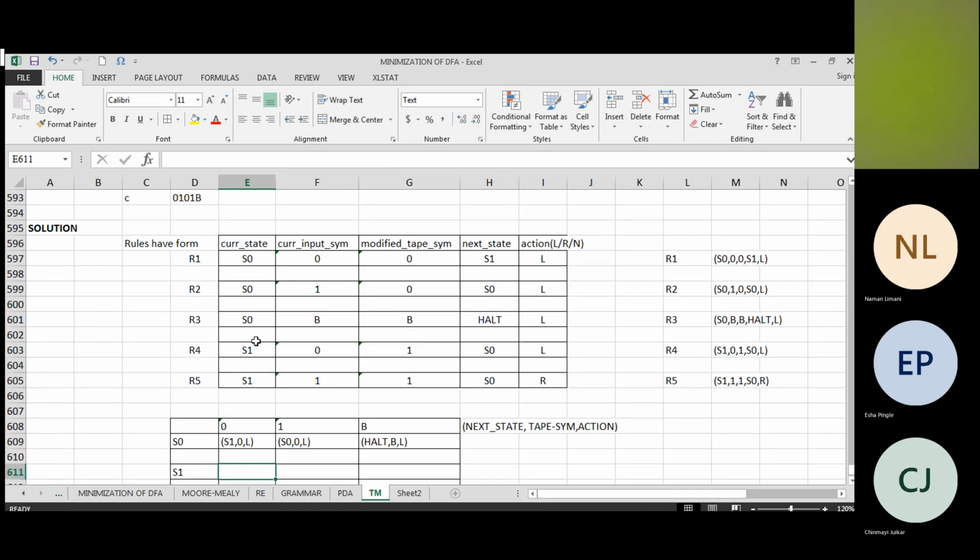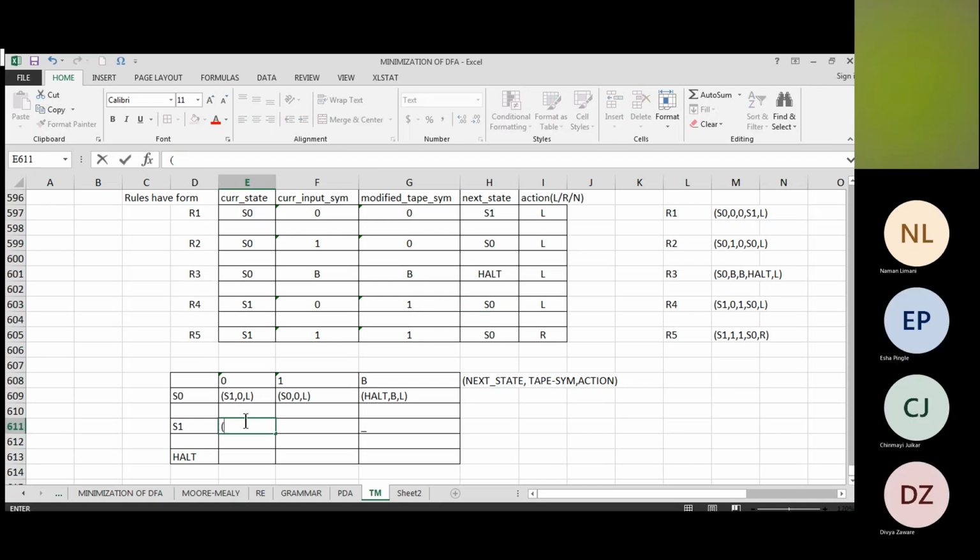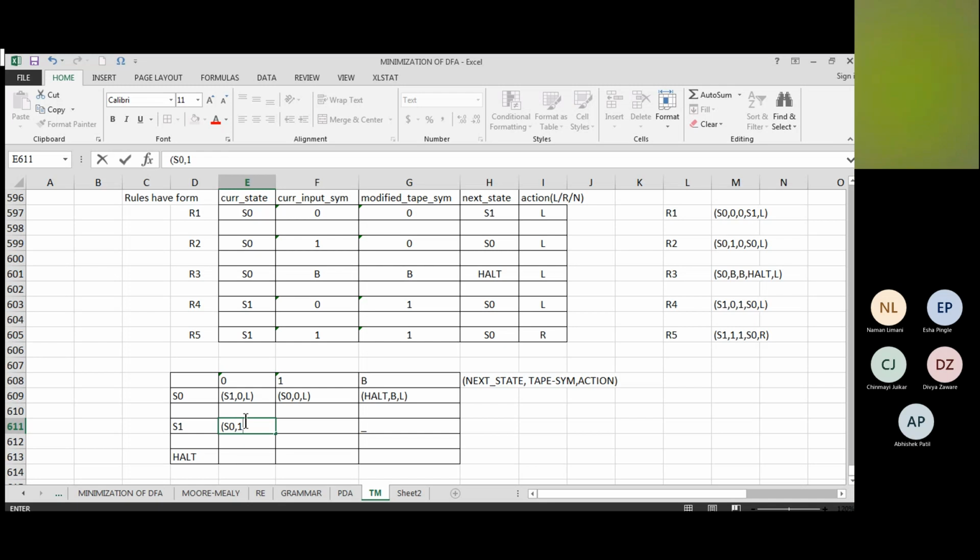What is happening in S1? It's processing 0 as well as 1. B is not processed, so that will be marked as dash. When S1 processes 0, it goes to S0. So next state is S0. 0 is modified as 1. Action taken is go to left. In S1 when 1 is processed, it keeps it as 1 only.